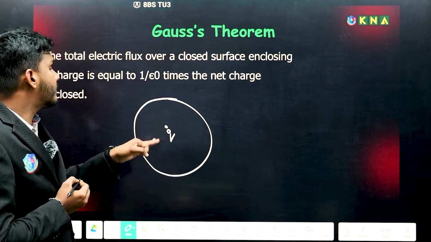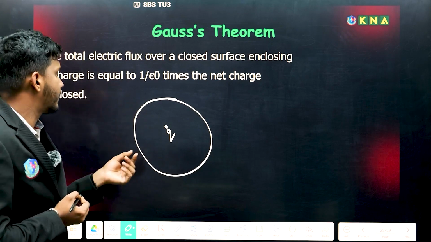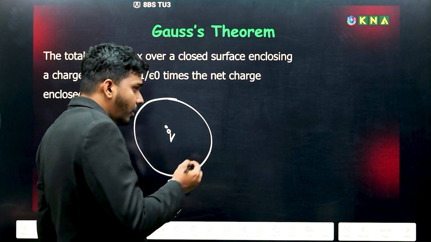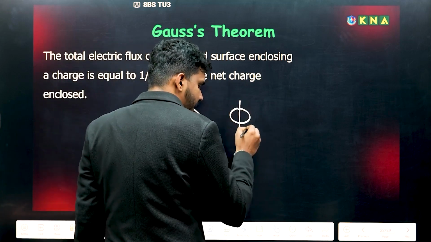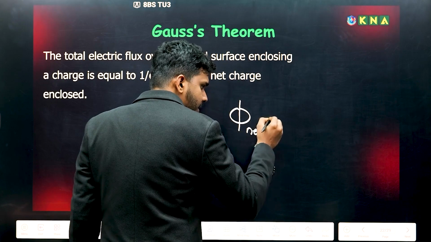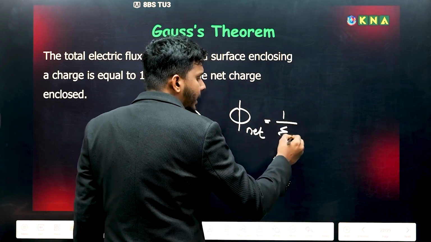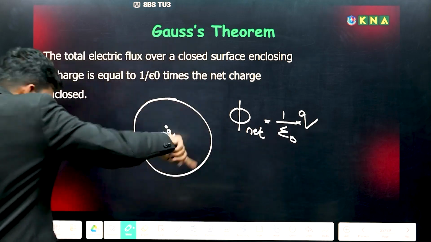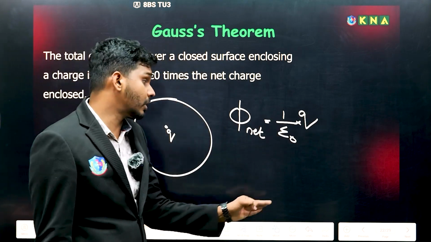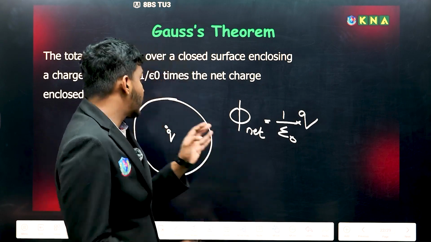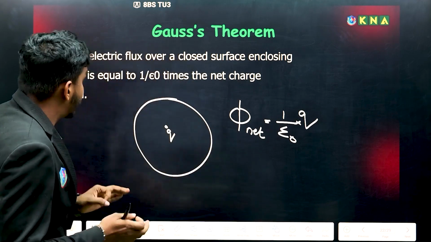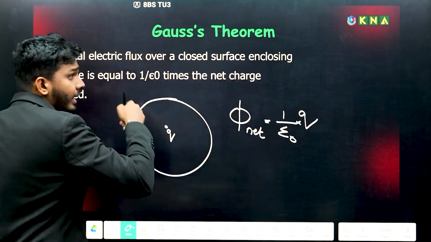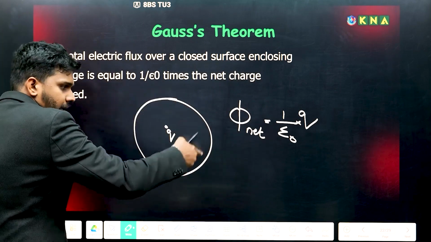We want to find electric flux over this closed surface due to this charge Q. What is the value? Total electric flux over a closed surface is always equal to 1 by epsilon naught times the total charge enclosed inside the surface. That is called Gauss's theorem.